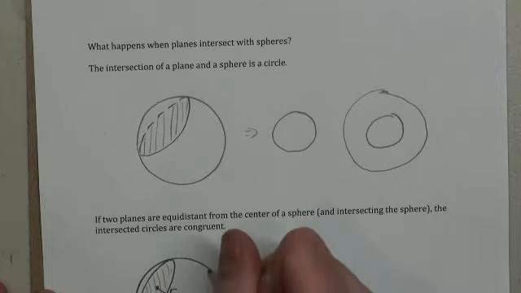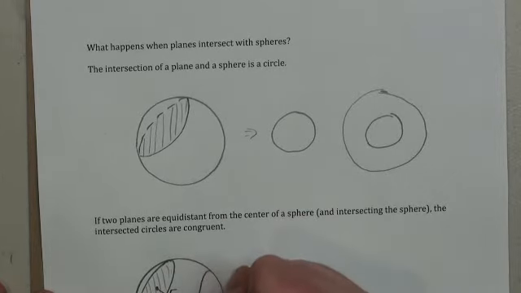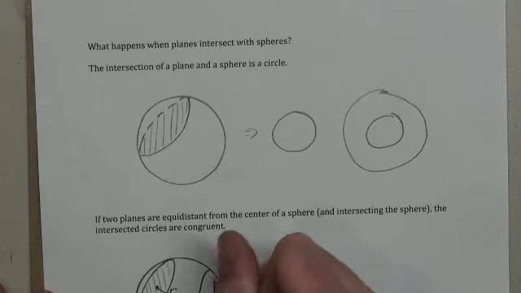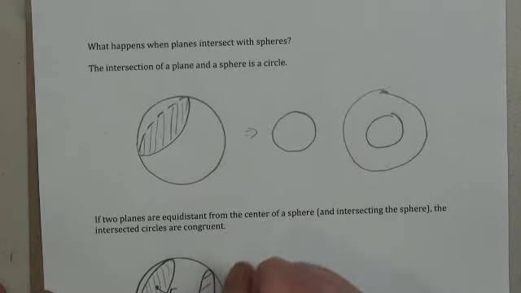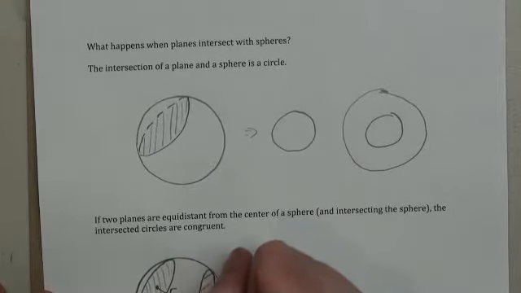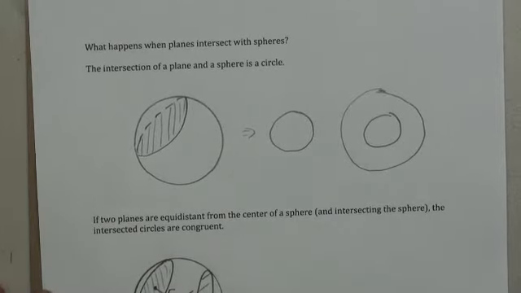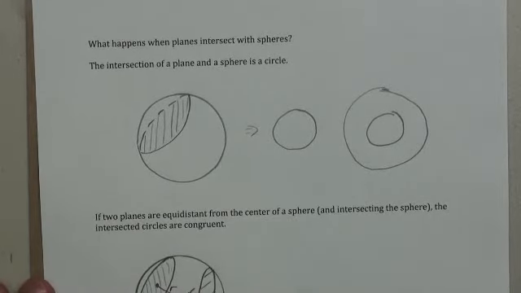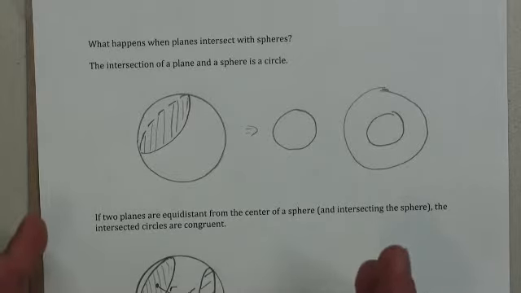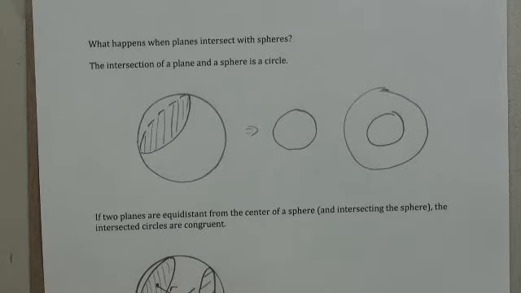And then let's say we took another chunk and the distance from here to this center was also r. Alright, so if they're the same distance away from the center of the sphere, then the two circles will be the same size.